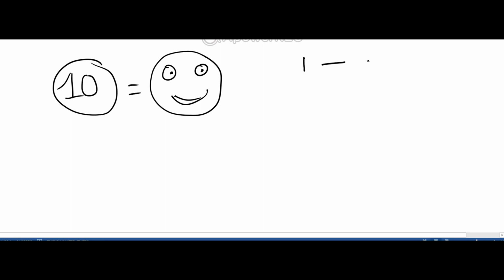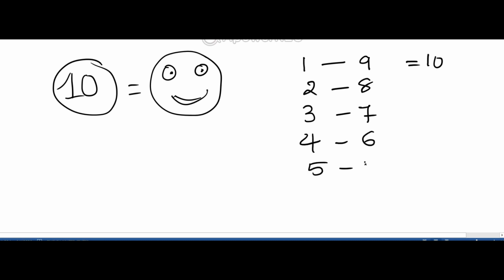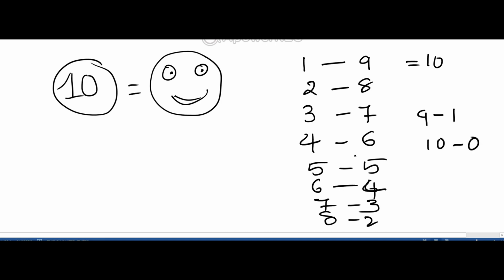One friend is 9, because 9 and 1 make 10. Like this, 2 is 8, 3 is 7, 4 is 6, 5 is 5, 6 is 4, 7 is 3, 8 is 2, 9 is 1, 10 is 0.